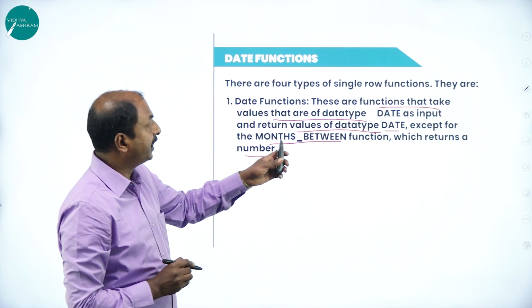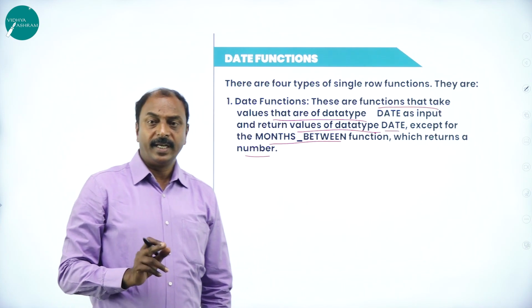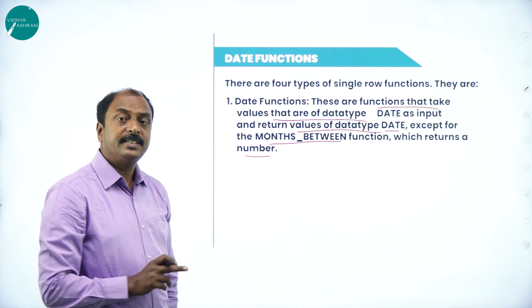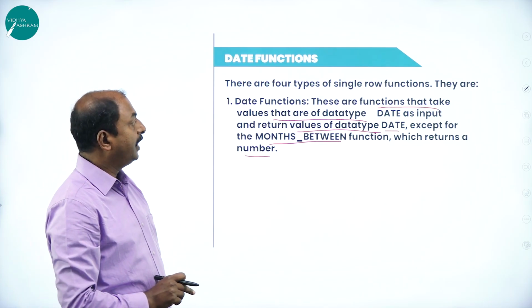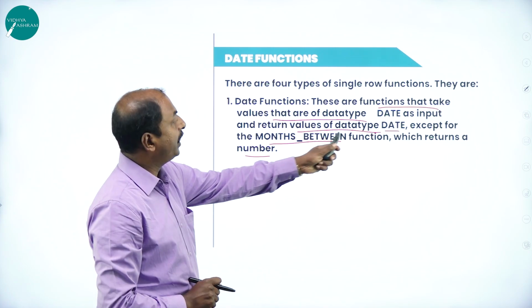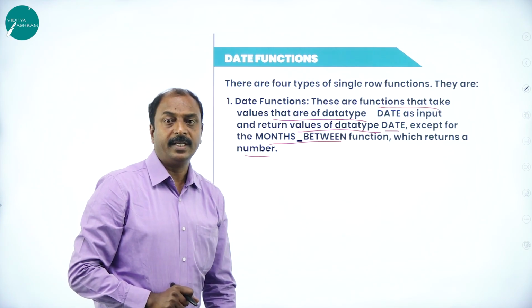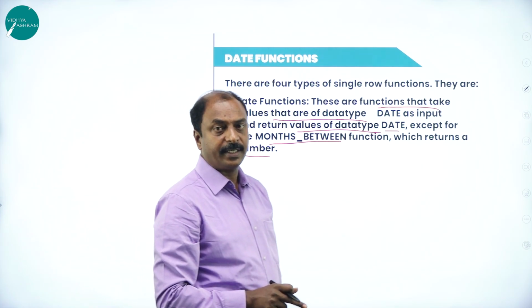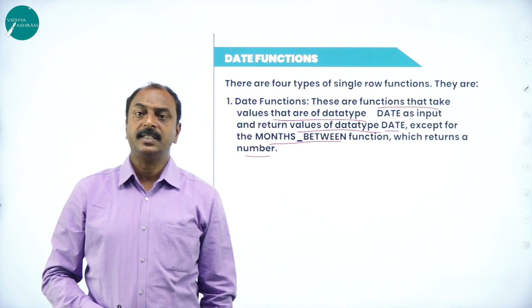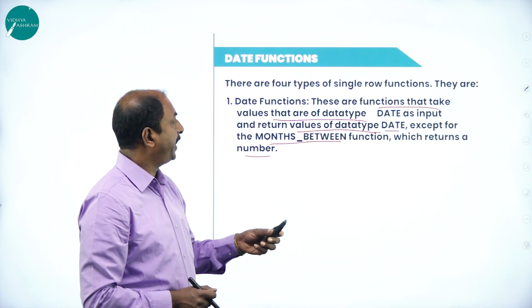So a date function is going to take a date as an input, and date is a data type of SQL, and returns values of the data type date. Again, it takes the input as a date and returns a date as the output. So these are date functions.